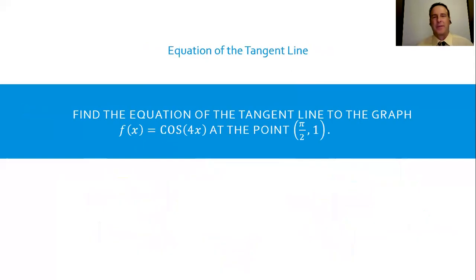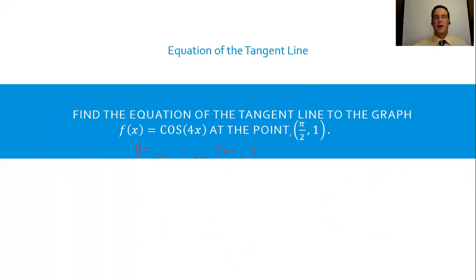All right, getting close to the end, with problems that are familiar to us. Find the equation of the tangent line to the graph of f of x equals the cosine of 4x at the point pi over 2 comma 1. Remember, the equation of the tangent line looks like this. You have to put something in for y1, we need something for m, and then it's x minus something right here.